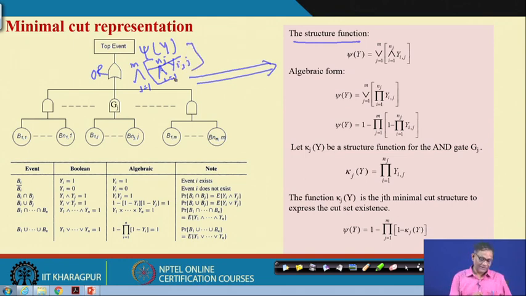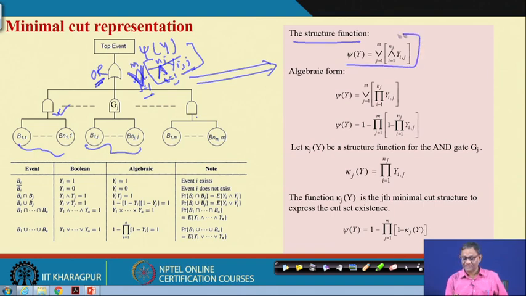Let me repeat: because of the OR gate you have to use the union symbol, j equal to 1 to m. Because of the AND gate you use the intersection symbol. The AND gate inputs are b 1 j to b n j j. So i equal to 1 to n j, y i j, and the OR gate union symbol with m inputs, that is why j equal to 1 to m. That is your structure function here.